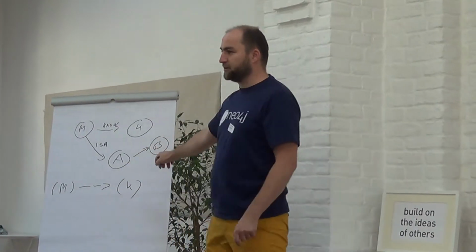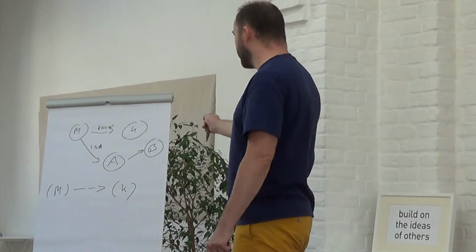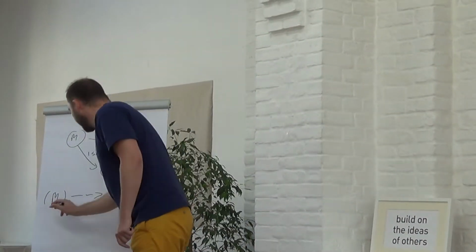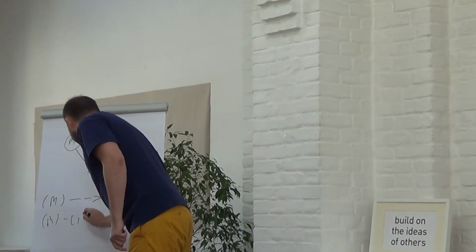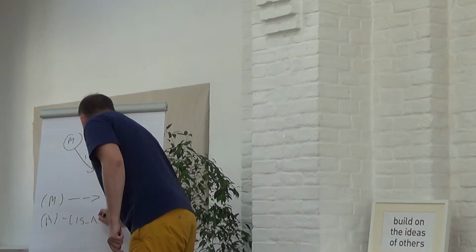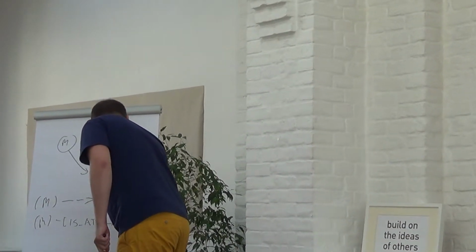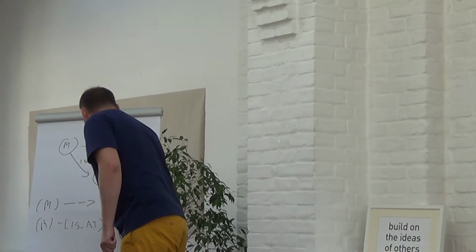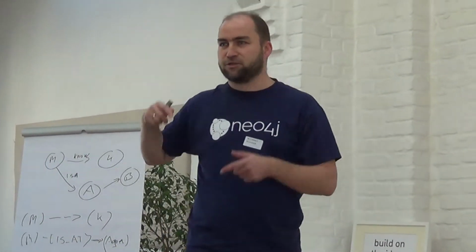So dash dash greater than, or dash dash less than, and another word in parentheses, which is actually the same as this, right? And then you also say Michael is at Agora, put parentheses around it, and you see that it's actually exactly the same information as in the picture.